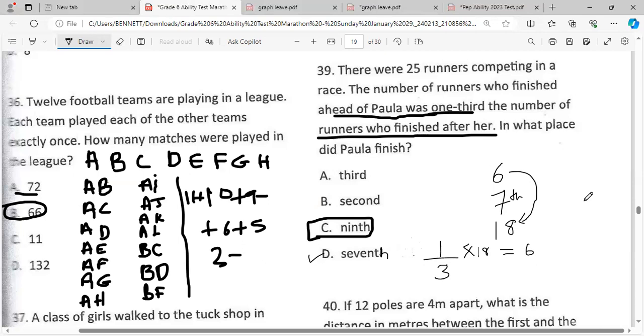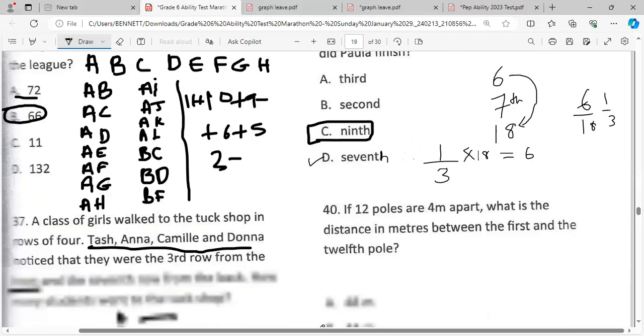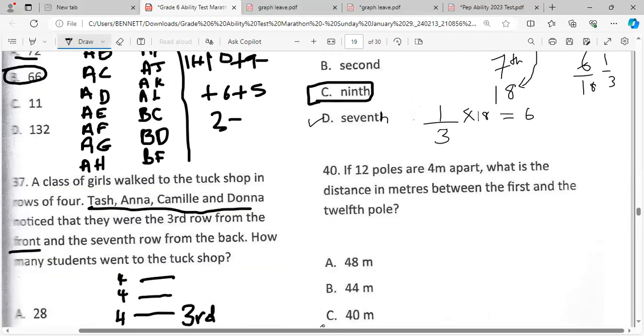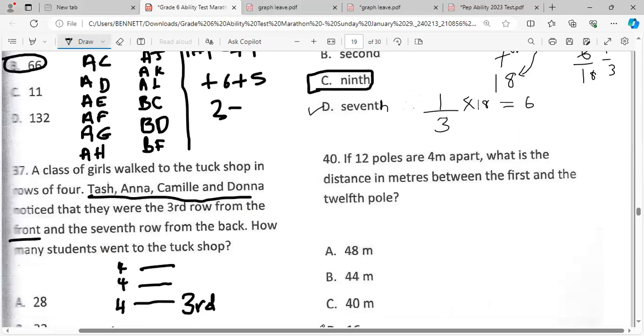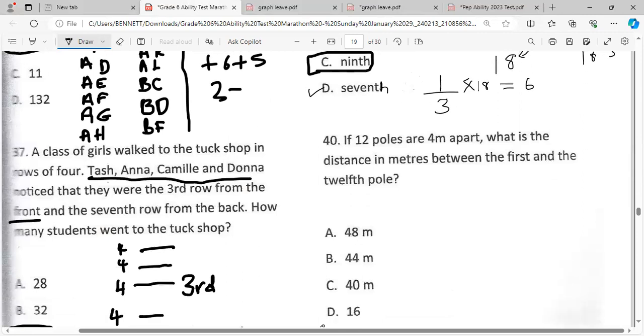Or you can put 6 over 18 and you get 1/3. Whichever way you look at it, this makes sense. 6 is 1/3, and that's the only way to get that answer. All right, there was a little error with it. It should have been 7th and not 17th. All right, and then we switch to the next paper.